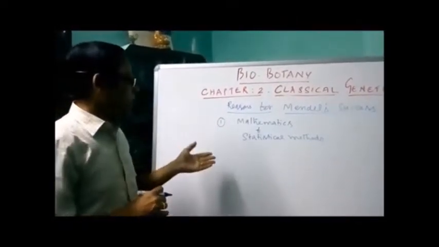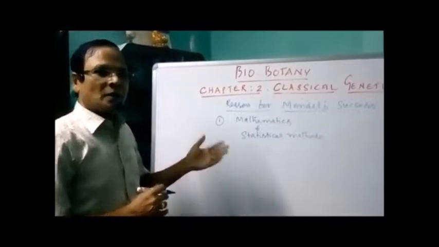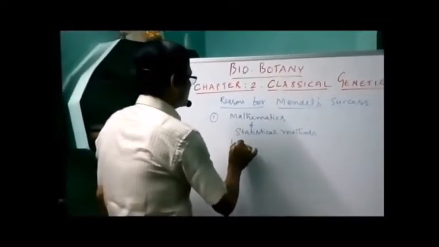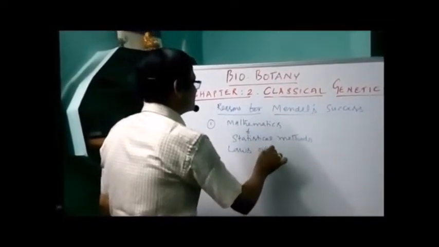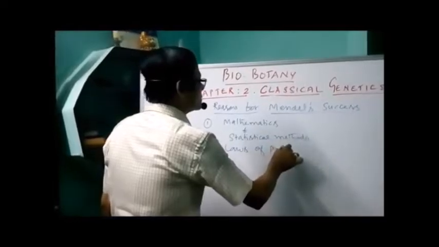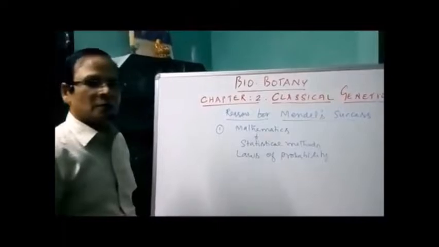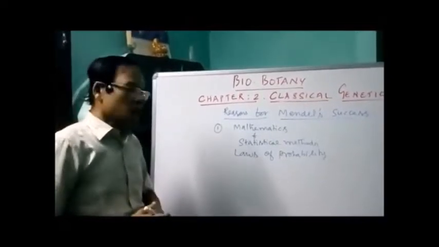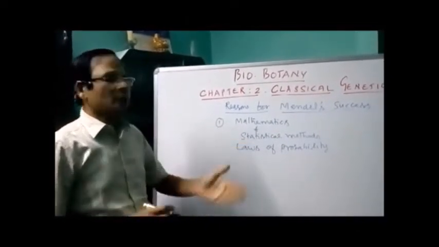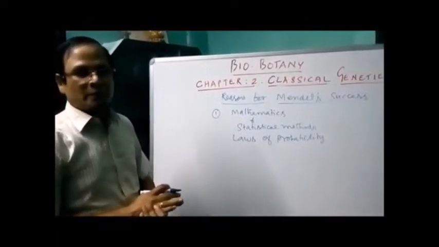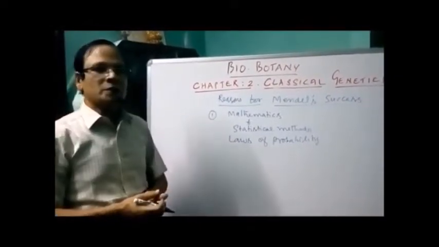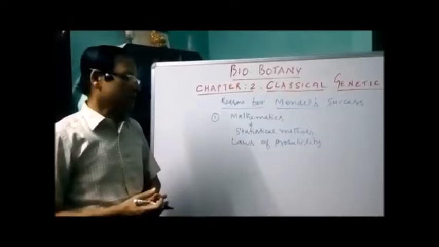He also studied the laws of probability. So he applied mathematics, statistical methods and the laws of probability to his experiments to calculate the probability of the genotypes, phenotypes, etc.